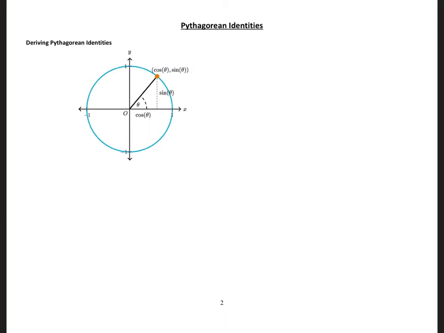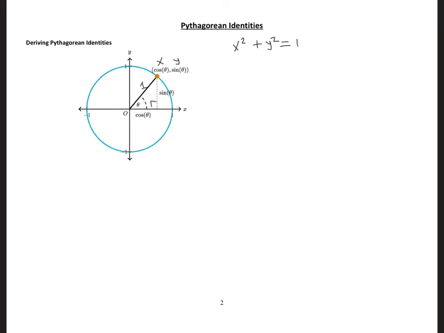So here I'm going to derive the Pythagorean identities. I have the x and y coordinate. So I know this is 90 degrees, so I can write x squared plus y squared is equal to 1, or radius squared, which is 1, because the radius is 1. It's a unit circle.